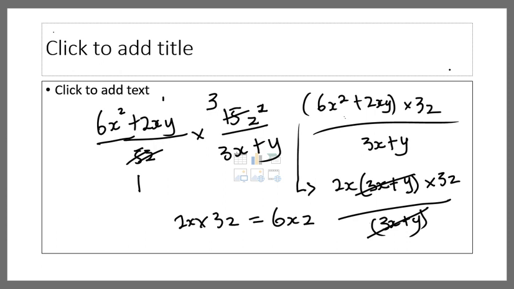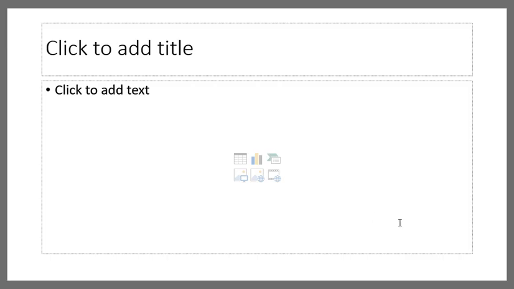So let's list some examples. Some of them may seem complex, but don't worry, I've got you. So let's move on and see if we can try some more examples.